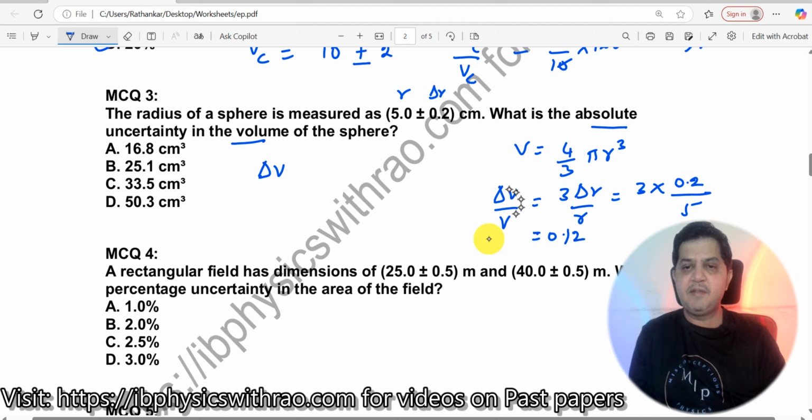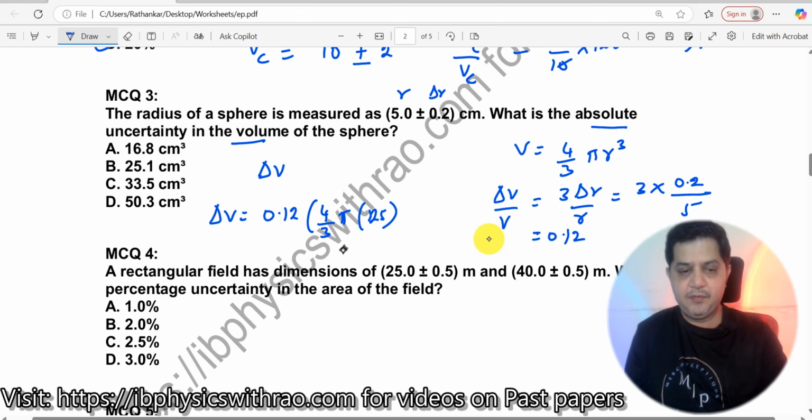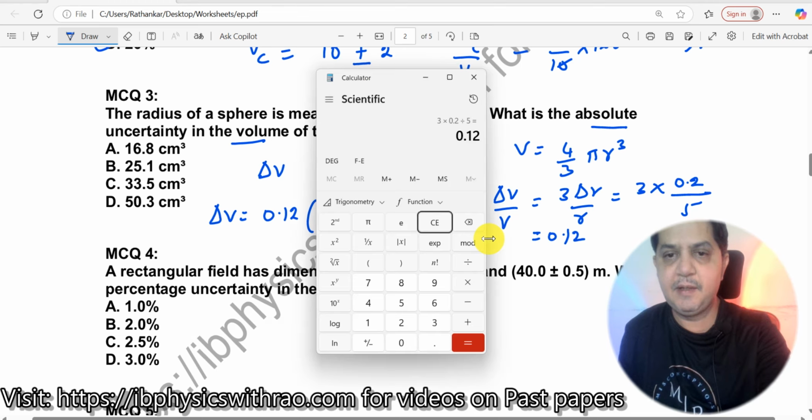I need to calculate the value of delta V. So delta V is equal to 0.12 times V. What is the value of V? V should be 4 by 3 pi into R cubed, where R is 5, so 5 cubed is 125. So I am going to multiply all of them and get the answer.